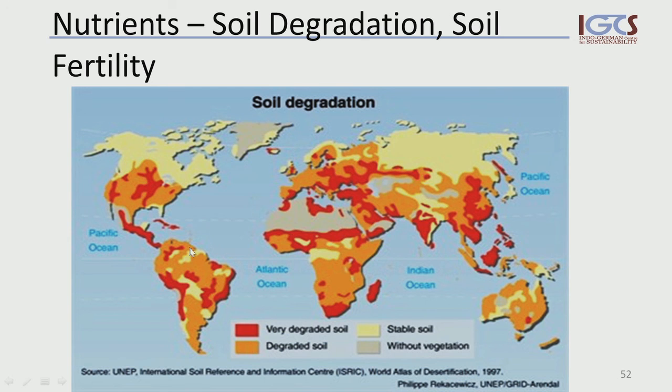So we see that there are large parts, or I would say most of the parts of our continents characterized by very degraded and degraded soils. And we know of the progression of deserts, for instance, and desertification on the increase, and the loss of arable soil in especially those transit areas between natural deserts and non-deserts.